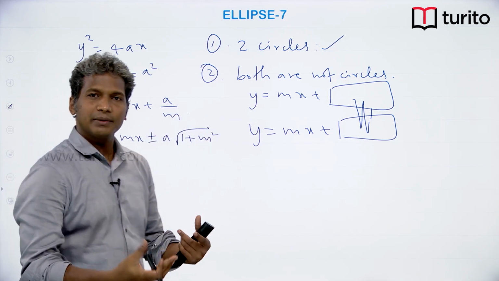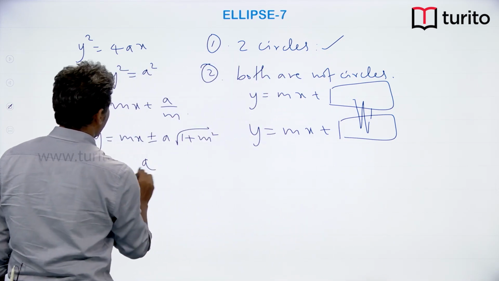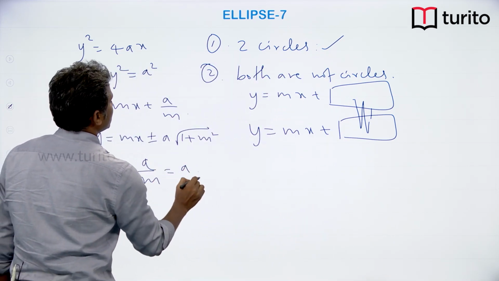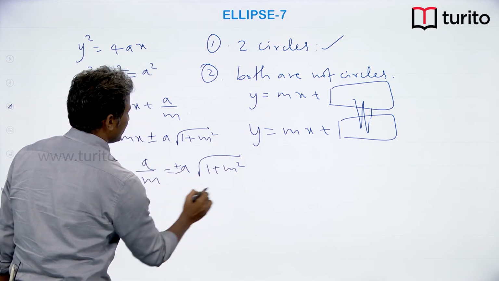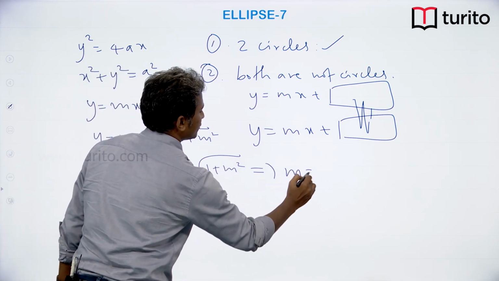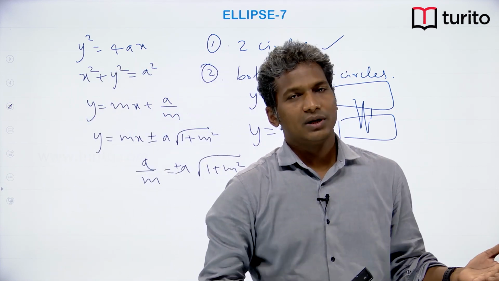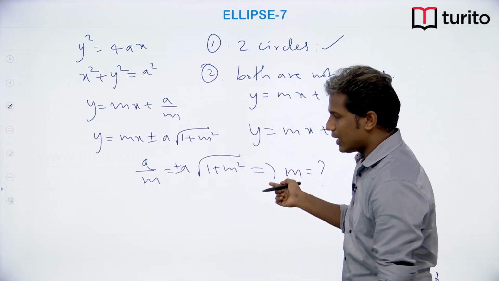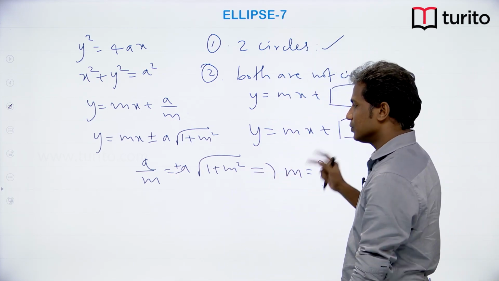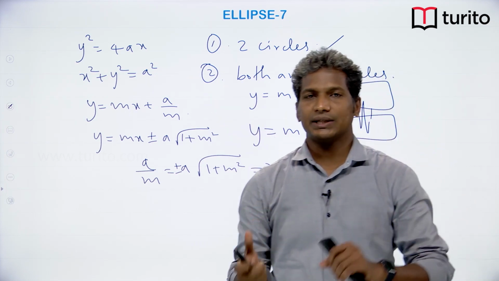Now, what is our next step? Equate C. That means we have to equate a by m with plus minus a into root of 1 plus m square. If we solve this, we will get values of m. Depending on how many tangents are possible, we can get the number of solutions of m. Now, after you get the values of m, you have to put the values of m back in the equations of tangents and get the tangents.